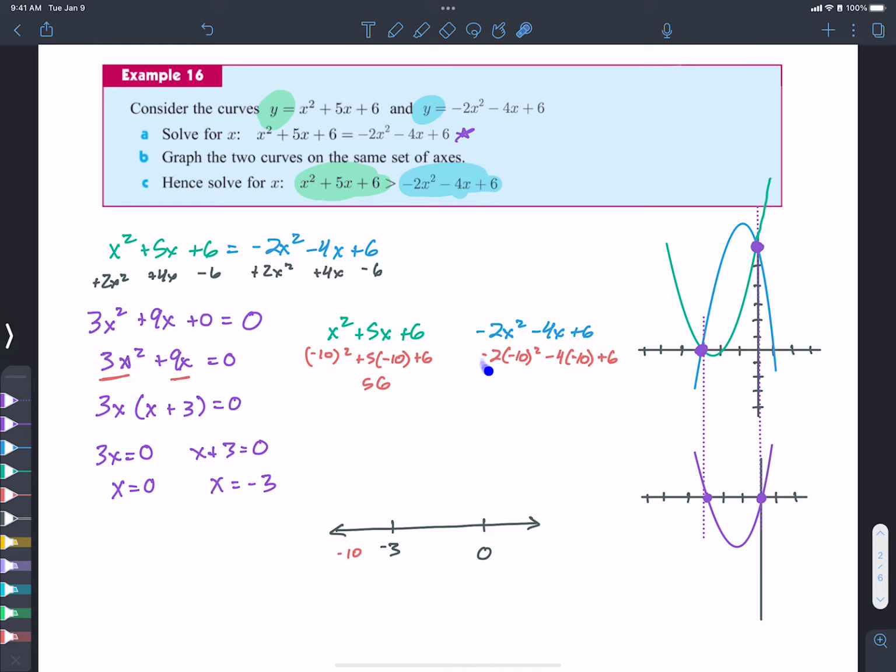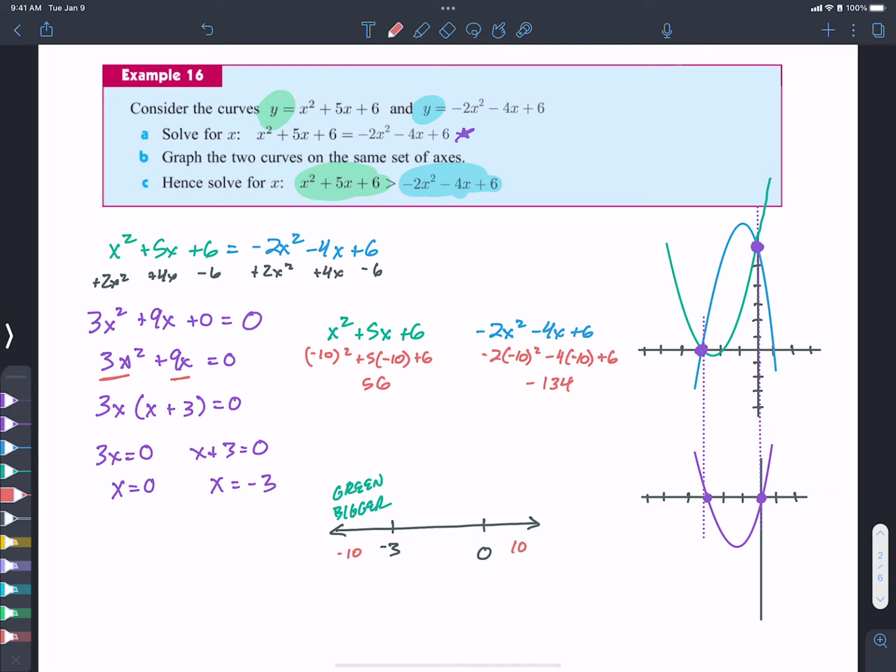So that's negative 160 plus 6. So that's going to be negative 134, I believe. So it's clear that this green one is bigger. So we're going to put green is bigger. I just put that because I want to keep track of which one is bigger.